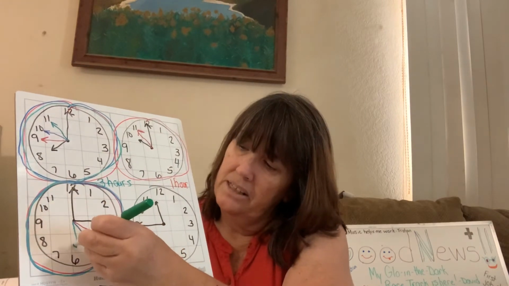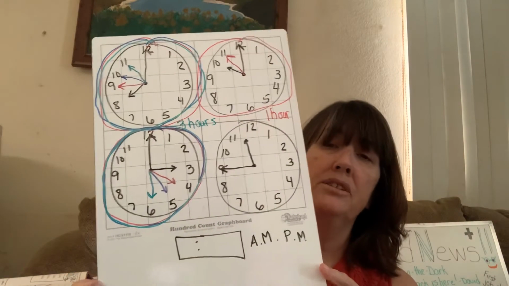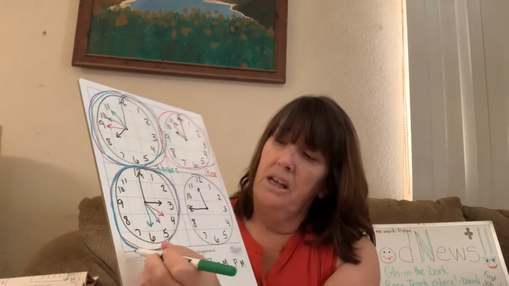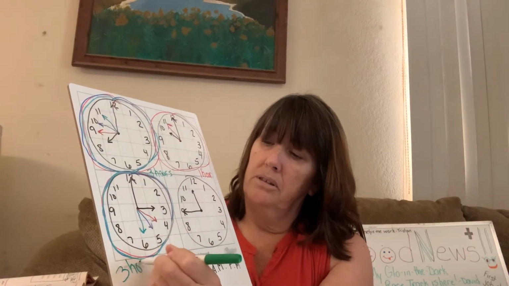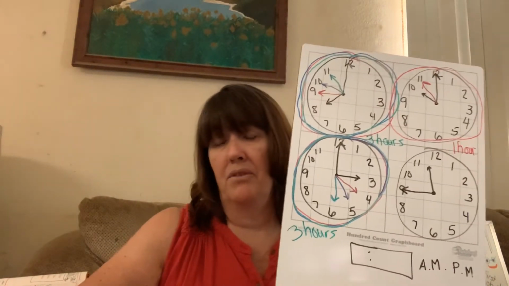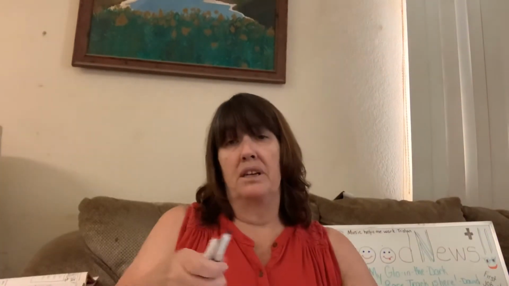And we get to 6 o'clock. How many hours have passed from 3 to 6 o'clock? How many colors do we have? 3, right? 1, 2, 3 hours. So you can do this on page 533 using different colored pencils or pens or whatever you have, or you can count by ones how many hours pass, right?